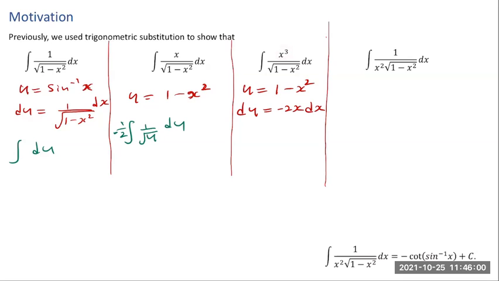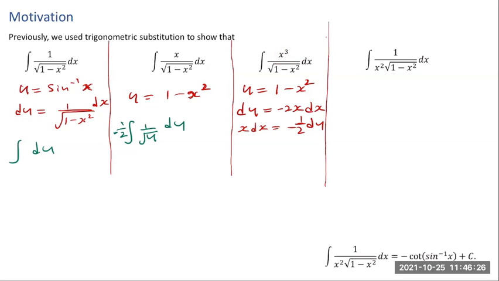You write x squared times x dx. You can replace your x dx by minus 1/2 times du. Notice that x dx is minus 1/2 times du. That's clear. Okay, so you can replace that x dx by minus 1/2 du, and you have x squared here, right? Remember, we separated this as x squared times x.